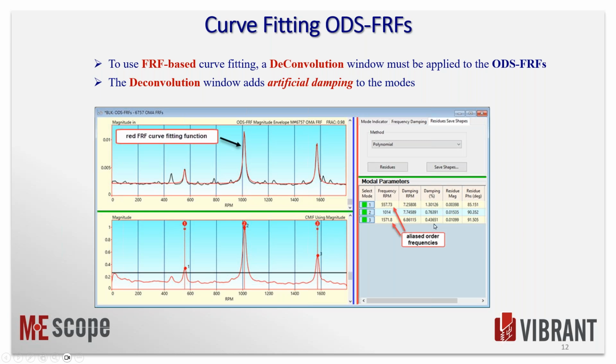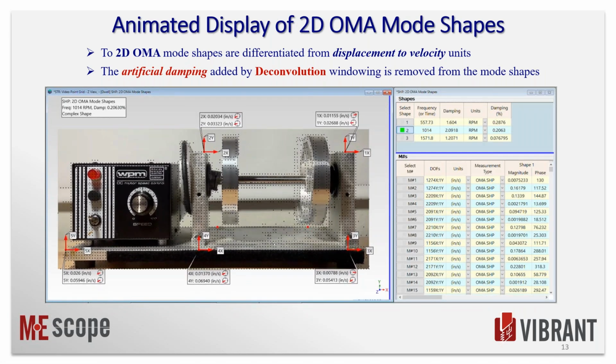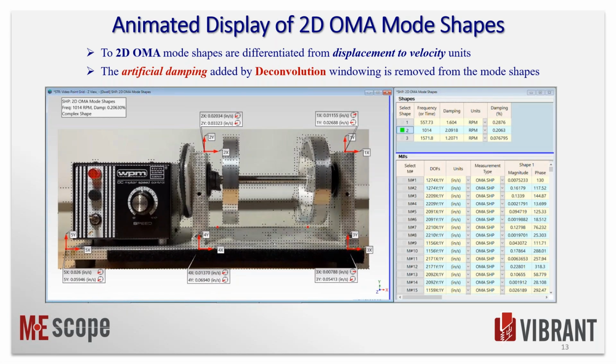Here's damping in percent, and then what we call the residue, which is the strength of the resonance in each measurement. And remember, we got like 3,300 measurements here, so quick fit goes through very quickly. And then when we save the mode shapes, we call this an OMA mode shape.